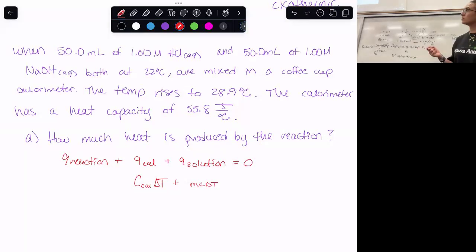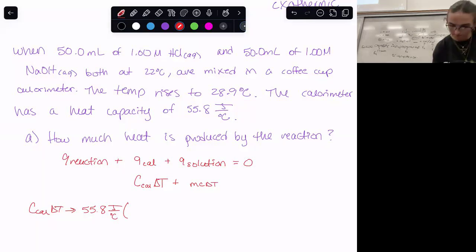Okay, so Q cal is pretty straightforward, right? Q cal is going to be 55.8 joules per degree Celsius times what's the temperature change? Yep, and how'd you get that?